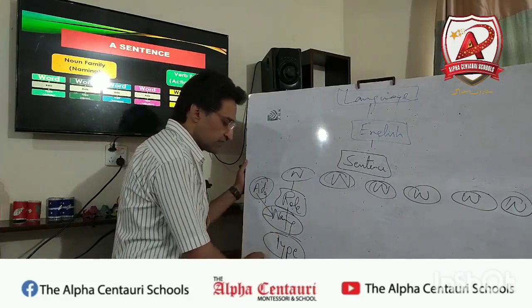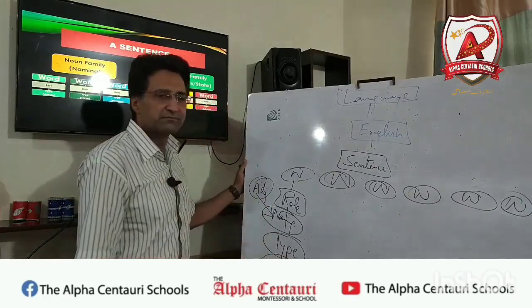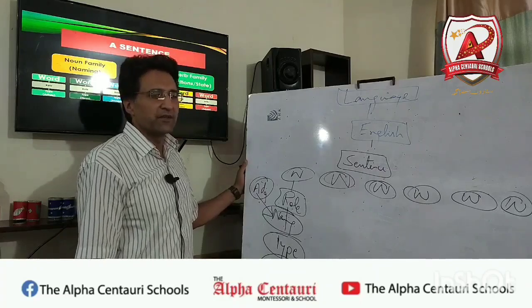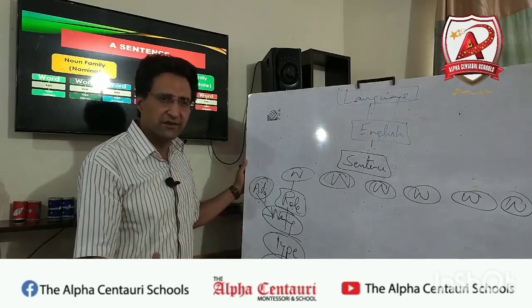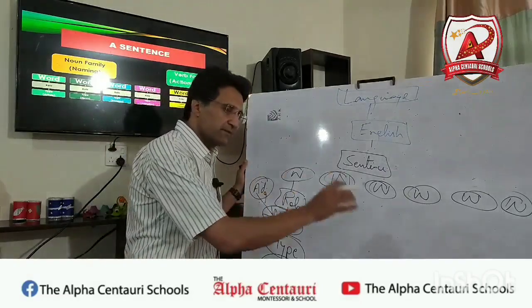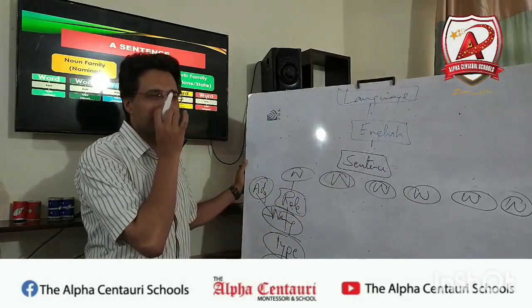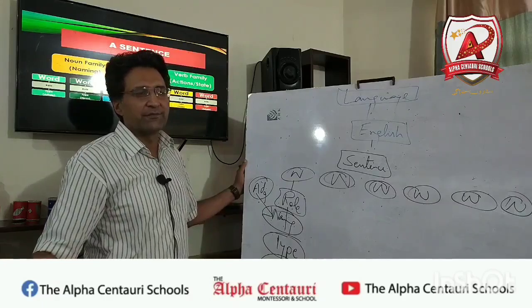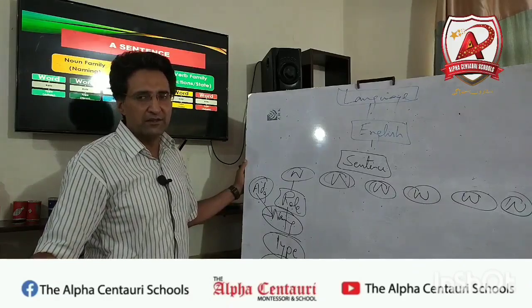So will you call it adjective or a noun? It's a noun now. Usually it is an adjective, but when you are using it to name somebody, that becomes a noun. Am I clear, ji?